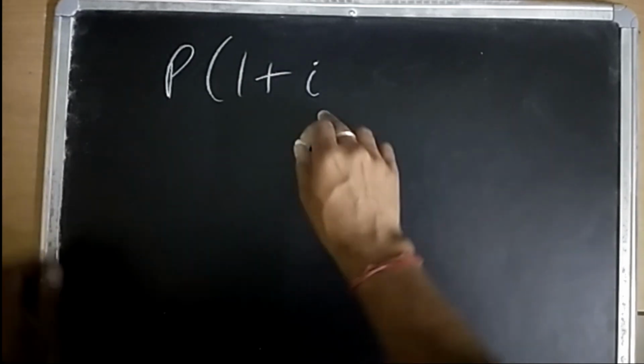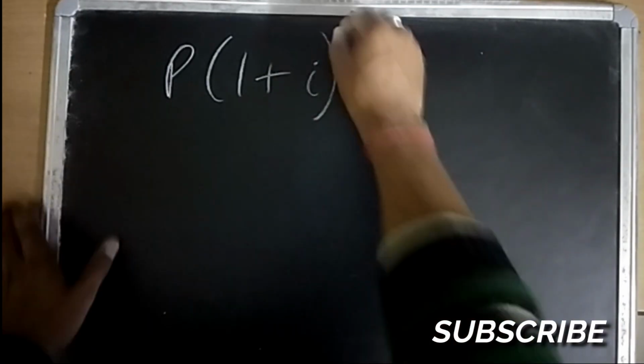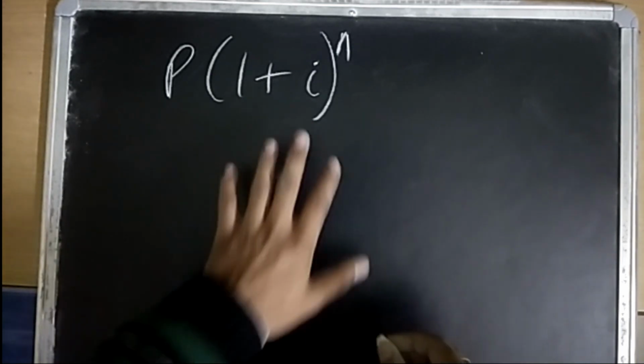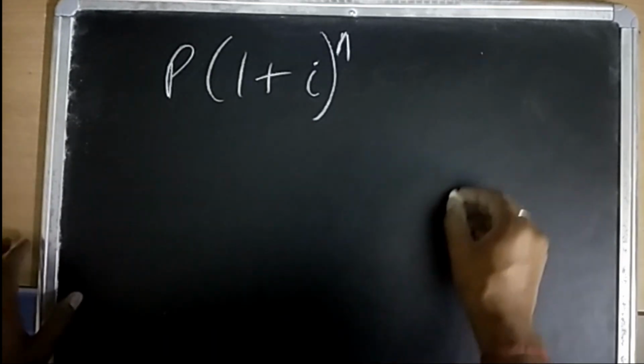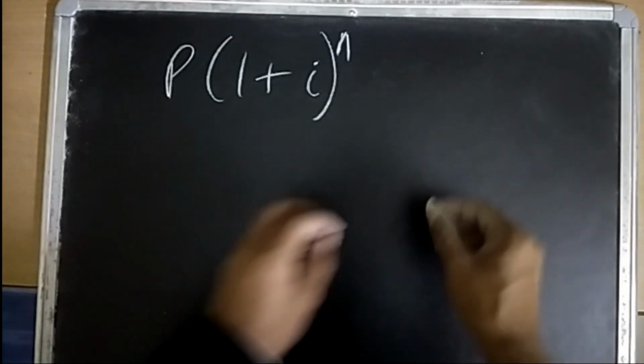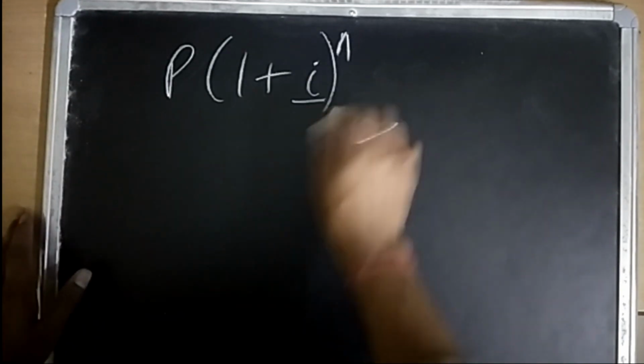Now one important thing is the rate. We know compounding is like this: P times (1 plus I) to the power n, where I is the annual rate of interest, is the general formula. But what if we have monthly? In case it is monthly or quarterly or anything, divide I by the number of divisions in the year.